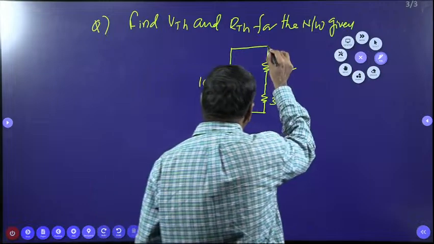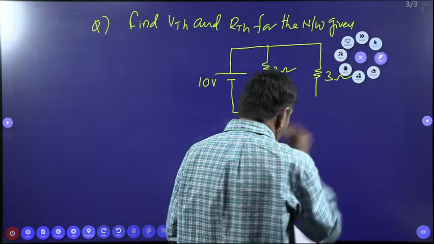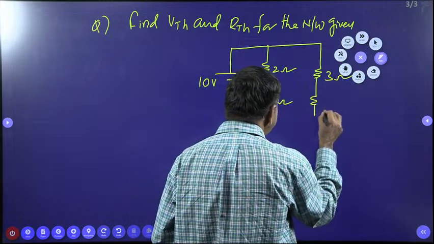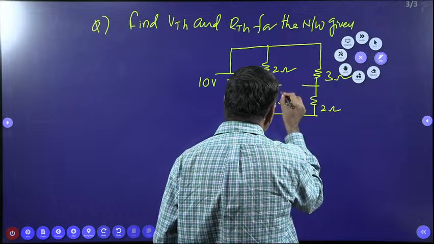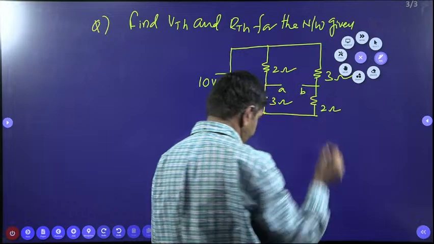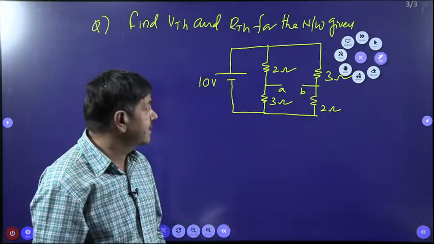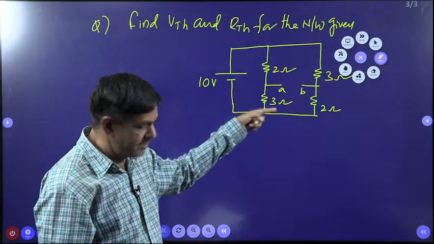Here connected with a 3 ohm resistor. Here given 2 ohms. This point is A, this point is B. It is asking to find the voltage across AB and the resistance across AB. 10 volts, 2 ohms, 3 ohms, 3 ohms and 2 ohms.